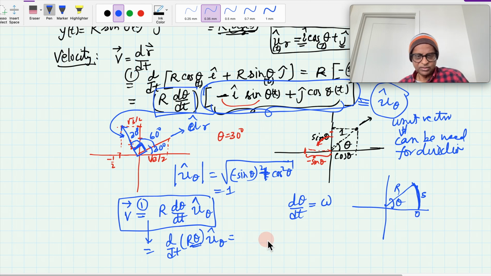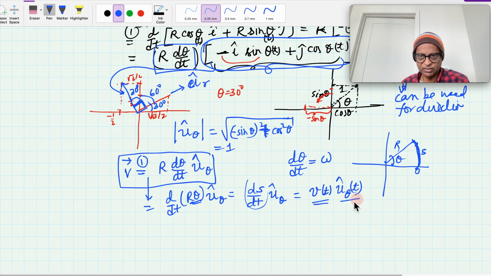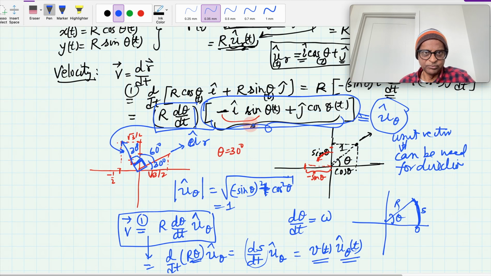So this whole thing is actually very nicely ds dt, and this is the actual path it has taken. So this is the speed. So speed at instant t, you had theta, which will also depend on t. So both of these are time. That's the v using path 1.